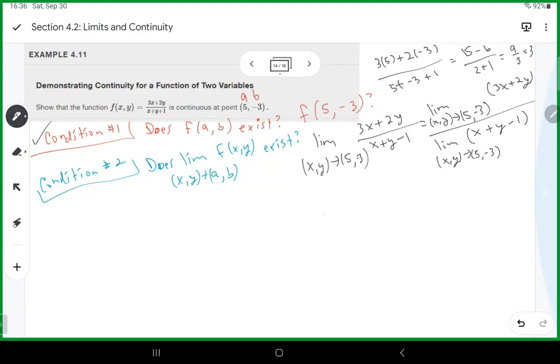You will actually find out that is also equal to our 15 minus 6 over 2 plus 1, which is our 9 over 3, which is 3.